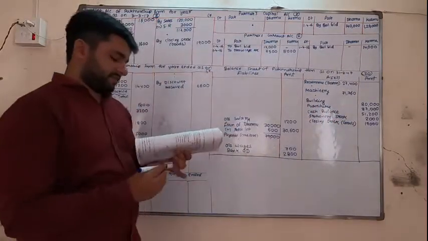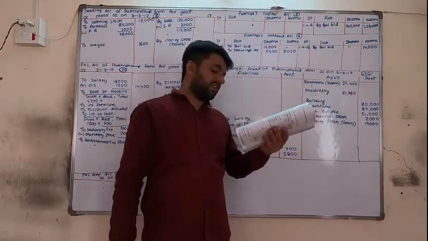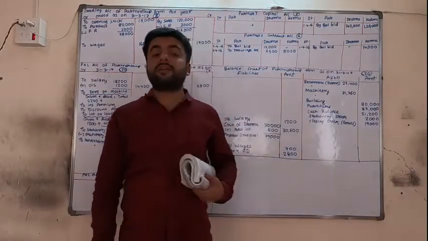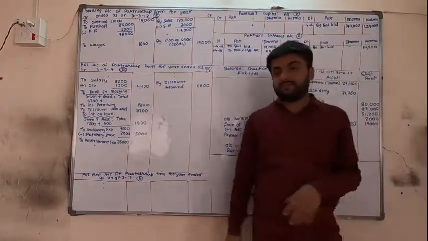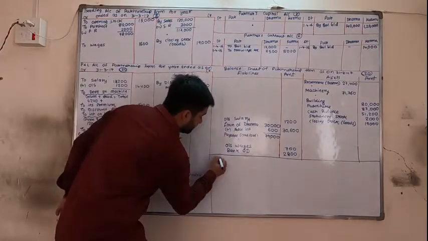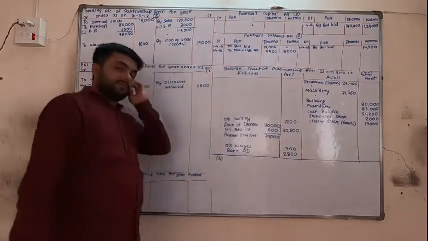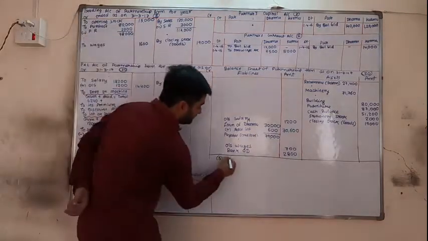Now friends, next. Second adjustment is also important. On machinery, depreciation is to be increased up to 10%. How to solve this adjustment? Whenever we are having such a thing, listen here. Calculation number 5. I think it is 5 or 4. You decide that number.